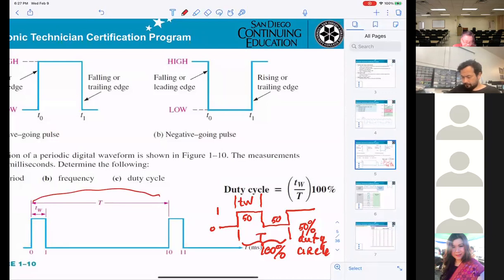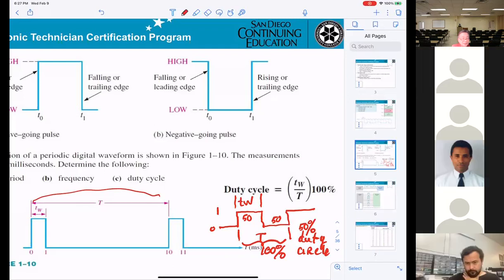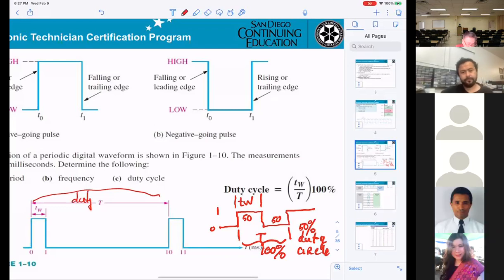Maybe you can say like 90%. Complete 100. How many percent duty cycle for this signal here? Maybe 10%. No, like 90%.